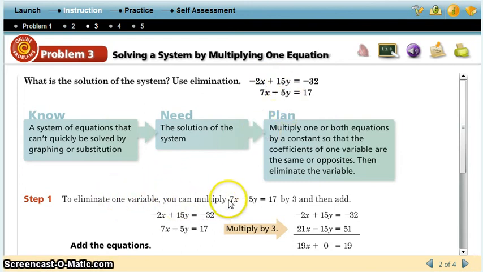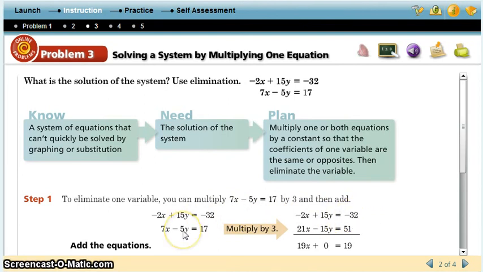So this is what we just discussed. We're going to take that second equation, 7x minus 5y equals 17, and multiply it by 3. They rewrote the problem, which is good practice so that you can see it in front of you and manipulate it. The first equation has not changed. It's still negative 2x plus 15y equals negative 32. We're not doing anything to the first equation.